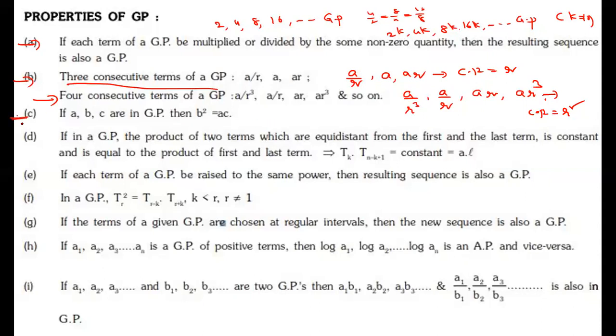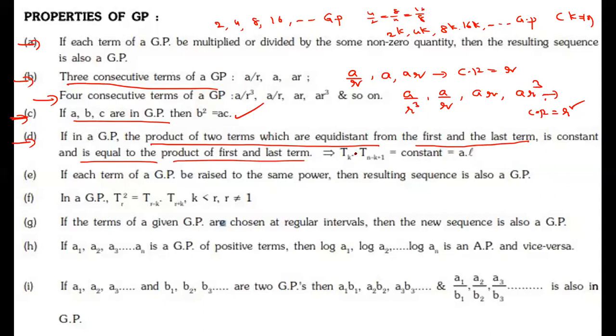Third point: if A, B, C are in GP, then B square is equal to AC. A lot of practice is required, a number of times. Same properties: in a GP, the product of two terms which are equidistant from the first and last term is constant, and it is equal to the product of the first and last term.